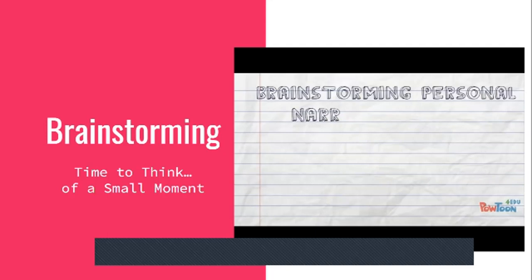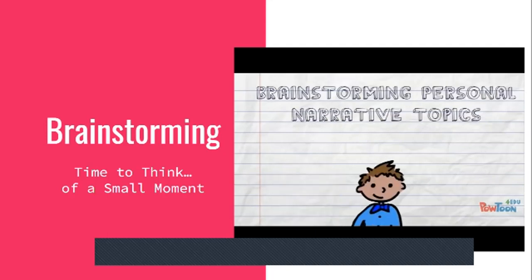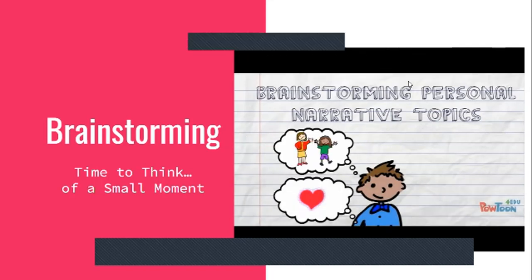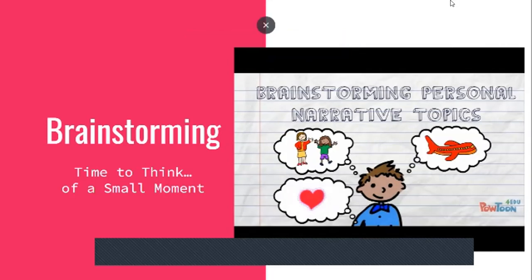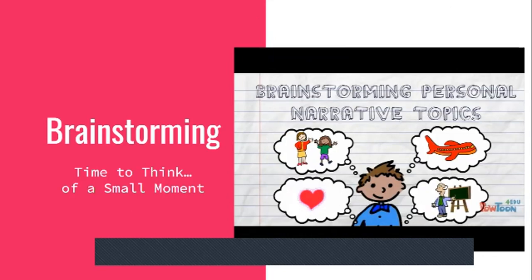When you brainstorm personal narrative topics, you can think about good memories you have about things that have happened to you, fun things that you've done with your family or friends, trips you have taken or special places you have visited, activities you have done at school, or anything else that has happened to you in your life.